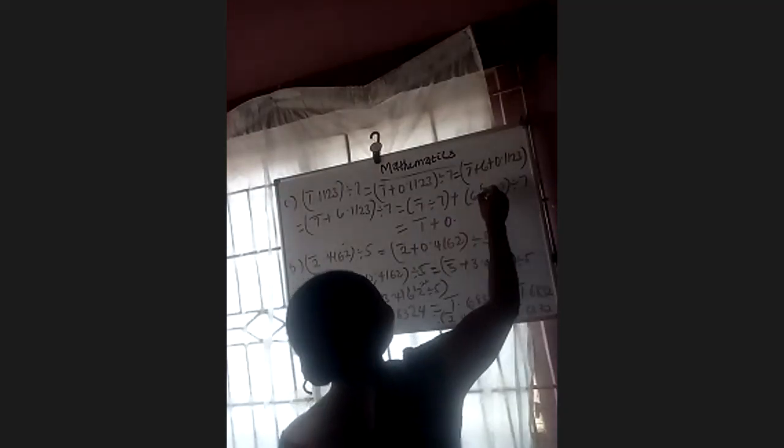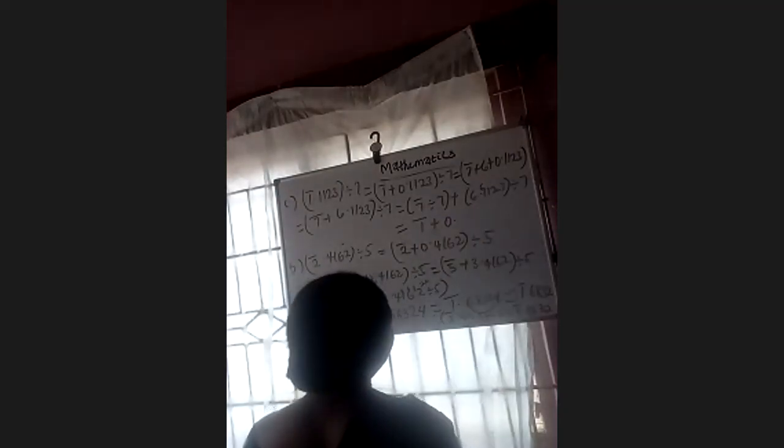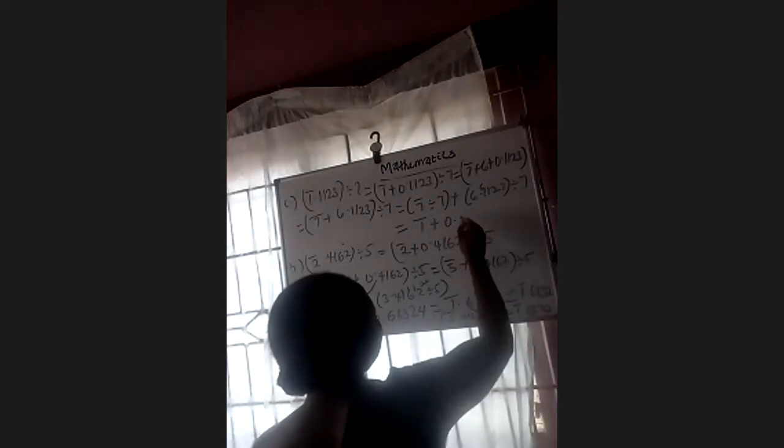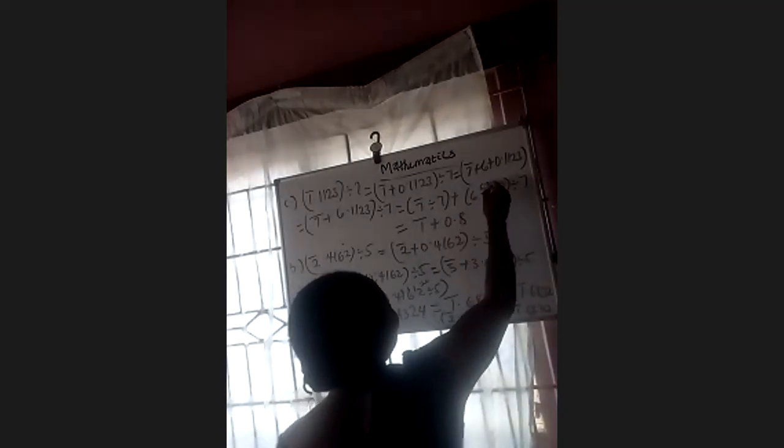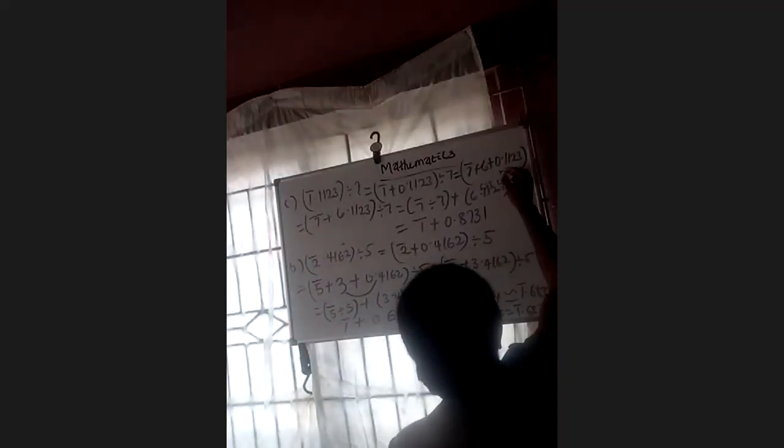We bring 6 here. 7 in 61, that's 8, 56, remainder 5. 7 in 51, that's 7, 49, remainder 2. 7 in 22, that's 3, remainder 1, 13. 7 in 13, 1, remainder 6. So that's 6. Then 7 in 40, remainder 5, and so on.